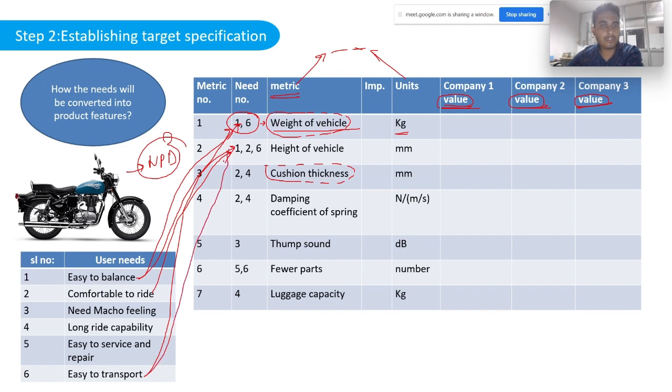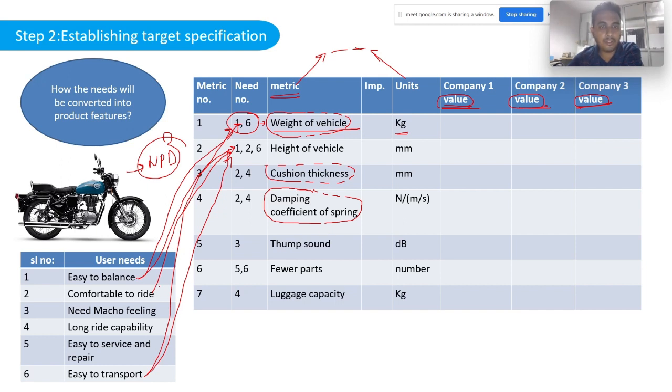Can you tell me where this particular metric will be useful? Damping coefficient. In the comfort of the ride, because in shockers there is damping, what is the damping coefficient of the shocker, it will prevent vibrations and all.